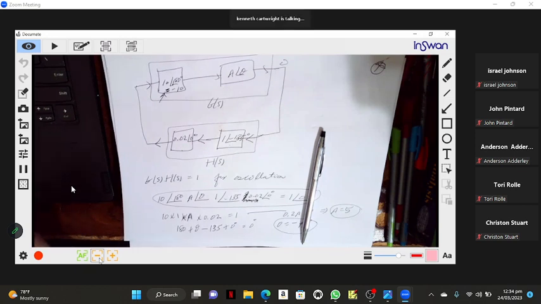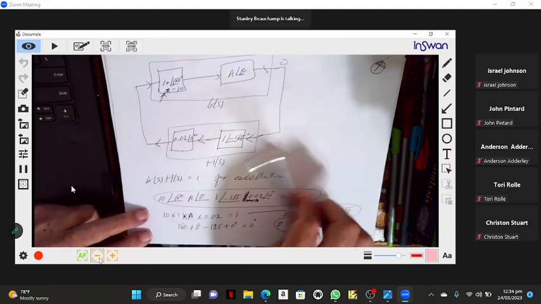I'm sure I've told you that a million times. So what block diagram has gain negative 10? For negative gain, you need an inverting amplifier.